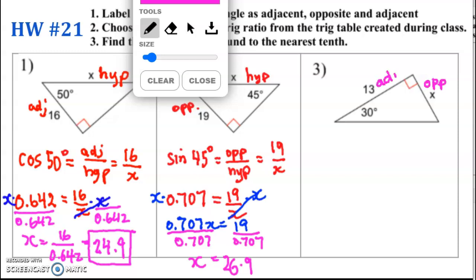So we're dealing with tangent of 30 degrees because we're dealing with opposite and adjacent, and that's the tangent ratio. It is going to be opposite over adjacent, and opposite is x and adjacent is 13.